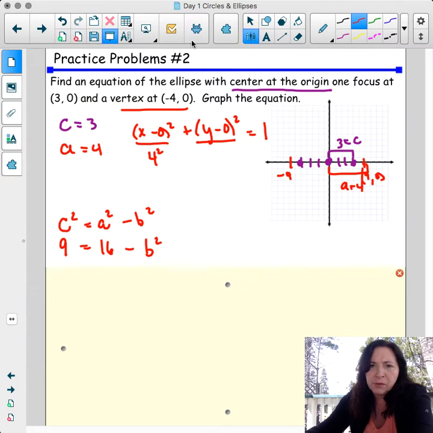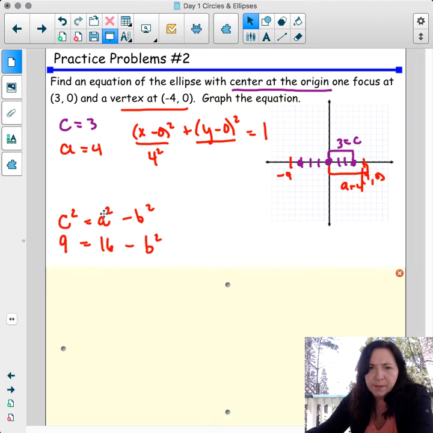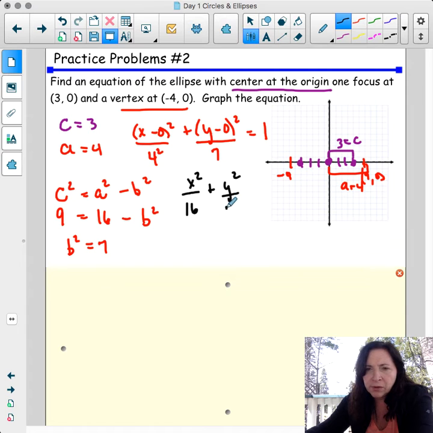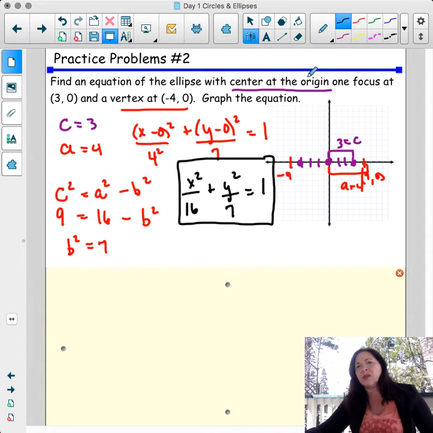So I'm out of room here. Let me see if I can move this up. There we go. So that means that b squared is equal to 7. So that's going to be this value here. So in rewriting my equation, I have x squared over 16 plus y squared over 7 is equal to 1. And so this is my equation at the origin of my ellipse.